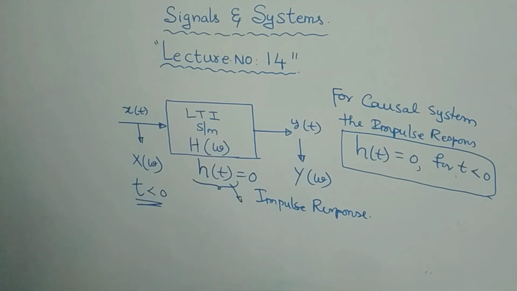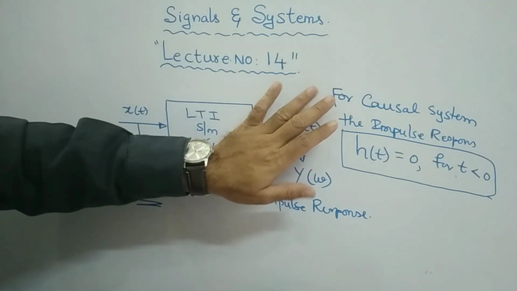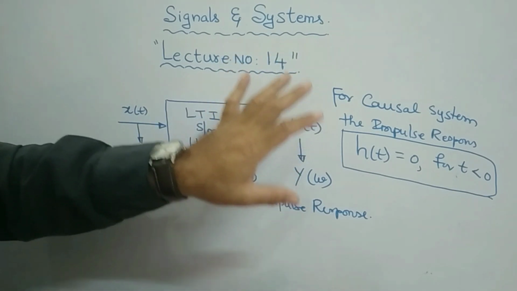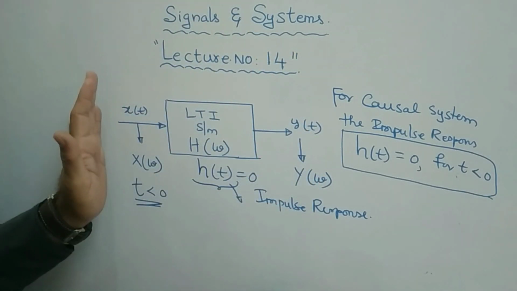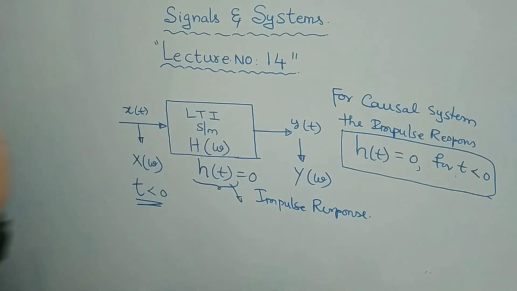Therefore, in terms of the input and output, you can give the definition as: my output y of t should depend at any instant of time t on the present value of input as well as the past inputs and then past outputs only.